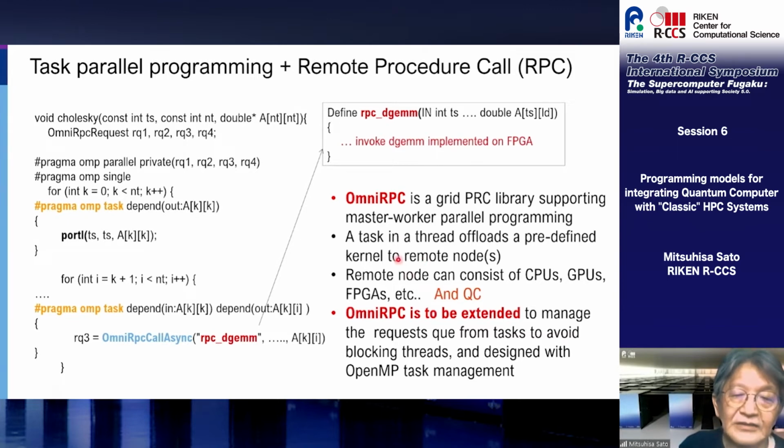A task in a thread offloads a predefined kernel to the remote node like this. This is the remote procedure call. OmniRPC is extended to manage several requests to other clusters, avoiding blocking the thread in a supercomputer's task.